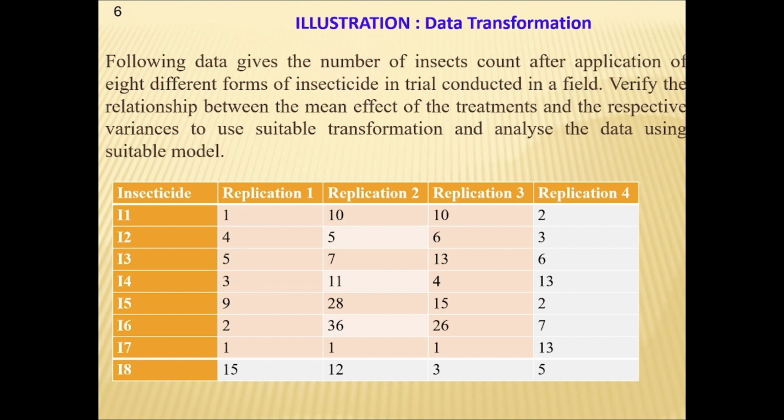This is an example. Taking the same example, let's see how the results change. These are the transformed data. See how the analysis of variance changes. I'm talking about this one: this is not significant, but here you see this is significant.